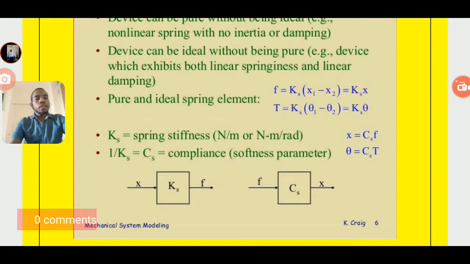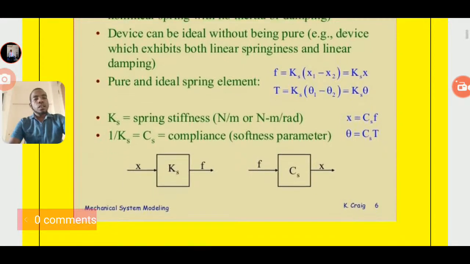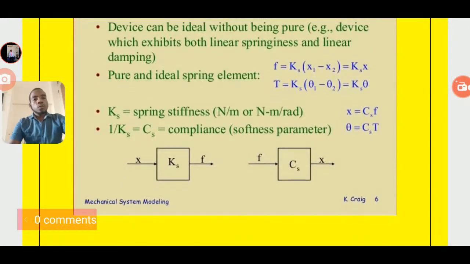Ks is the spring stiffness. Like this we can write the formulas. Ks, the spring stiffness, has SI unit Newton per meter, or Newton meter per rad.